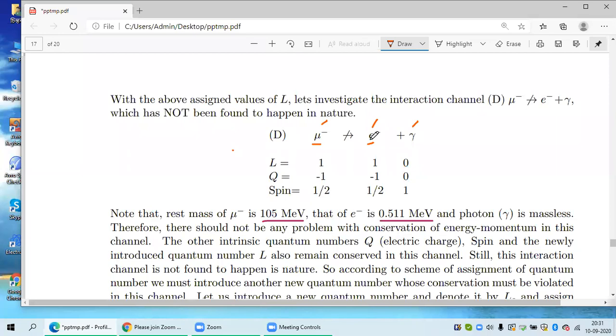To start with, we don't carry any bias. Later you know that they have the same quantum number L. Okay, sir, I understand. To start with, all particles are different. We are introducing a scheme, an optimal scheme of assigning quantum numbers.